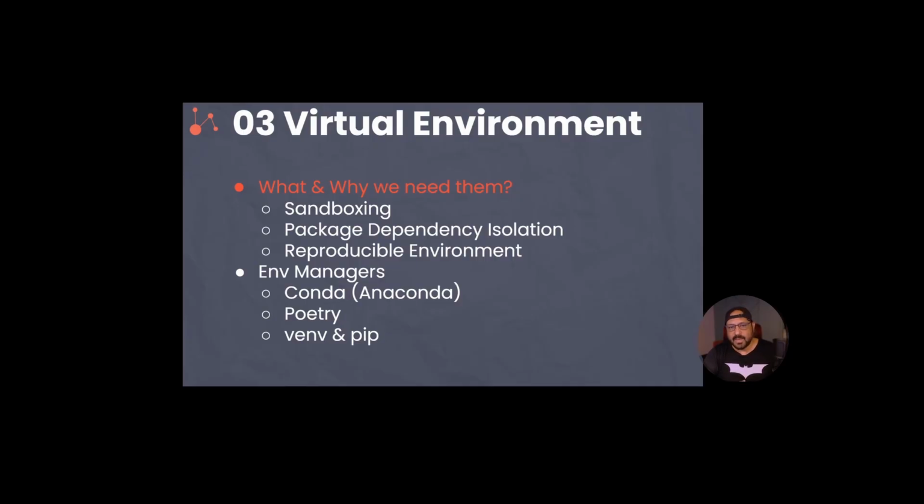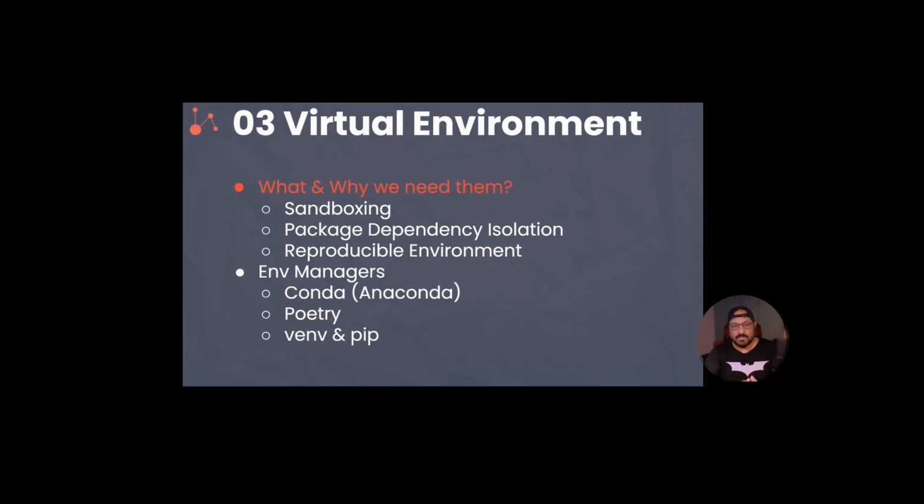Second is package dependency isolation, which means, as I also mentioned, that it's not going to overwrite your packages. One package might depend upon another package, and that might depend upon another package, and the dependency is such that they depend upon a certain version of that package, right?